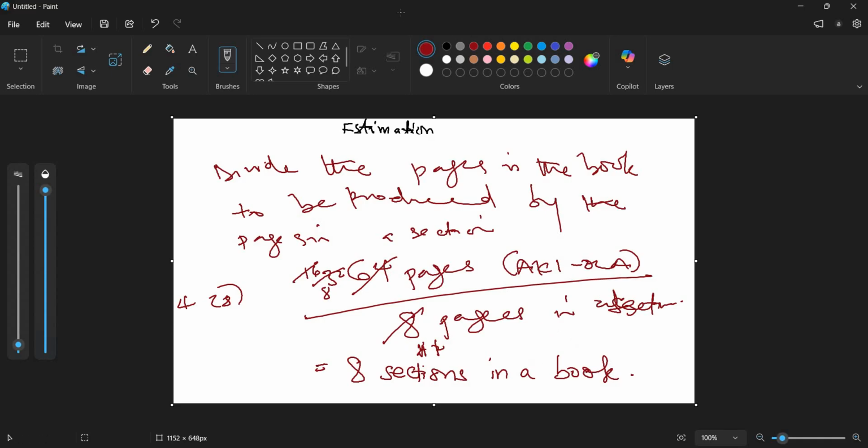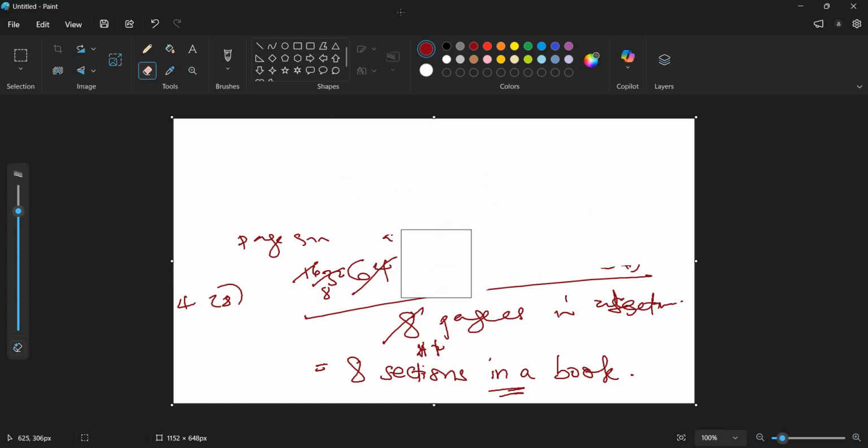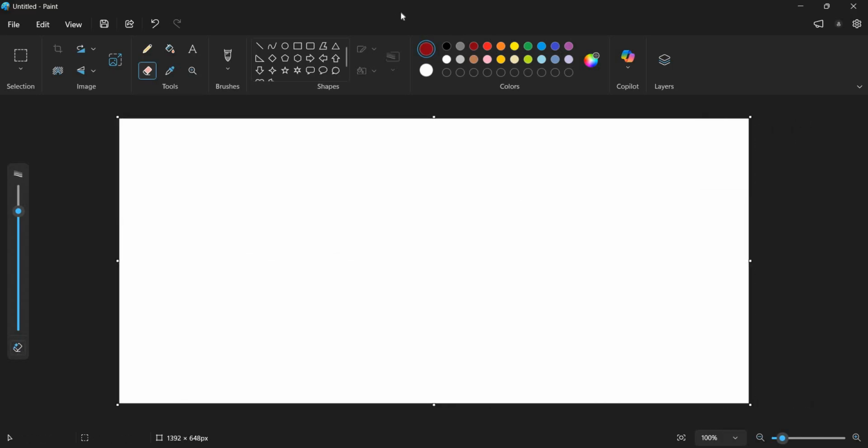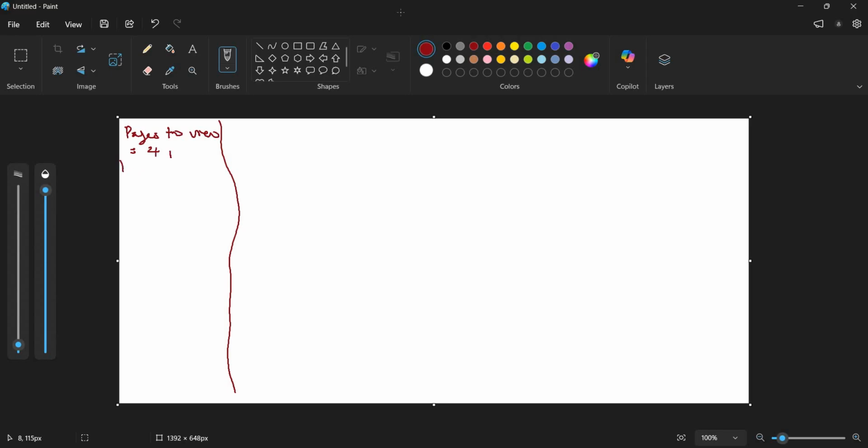All right, so let me break this down. Let's jot this thing somewhere. Okay, so let me write this here. Pages to view, 4. Pages in a section, 8.